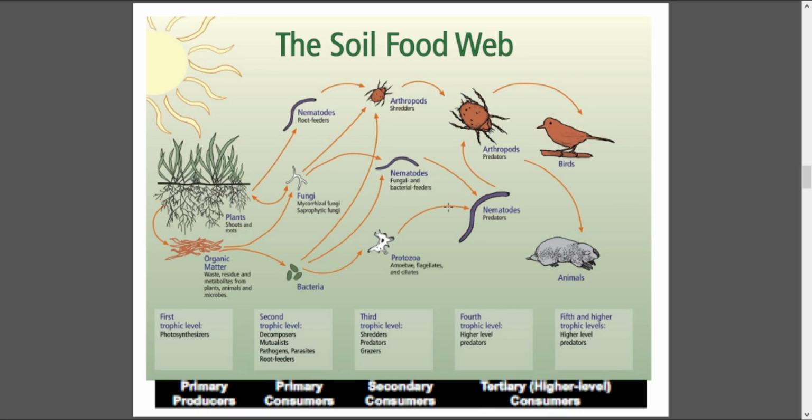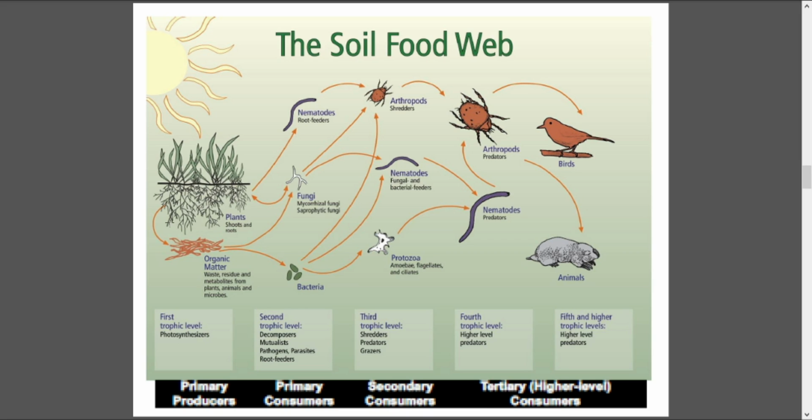We have the primary producers, the primary consumers, the secondary consumers, and the tertiary consumers. The primary producers are mainly the green plants, which utilize sunlight to carry out photosynthesis.